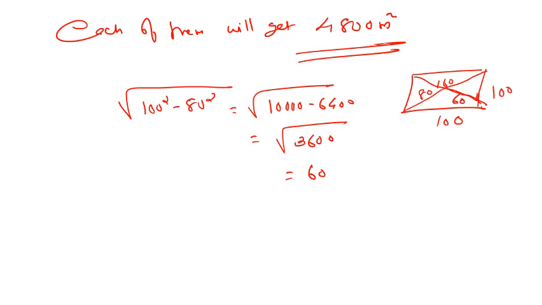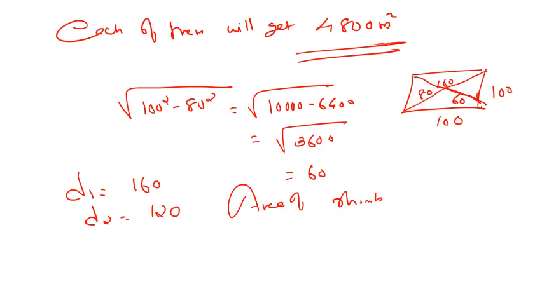This side is 60. So diagonals are now what? One of the diagonals D1 is what? D1 is 160 and D2 means 2 into 60, 120. Therefore, area of rhombus is equal to what? Half into D1 into D2.